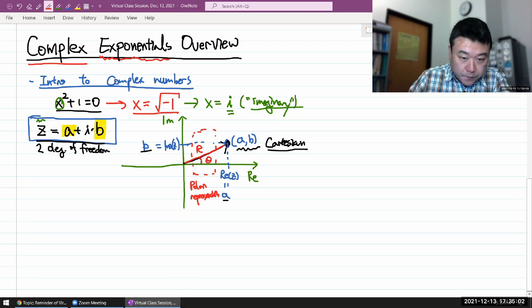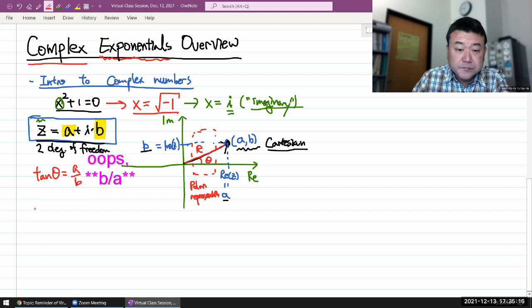We can say, oh, this theta looks a lot like the angle that we define this way. Tangent of theta is the rise over the run, or opposite over adjacent, or A over B. And the magnitude R, looking at the geometry, we could say R is equal to the square root of A squared plus B squared.